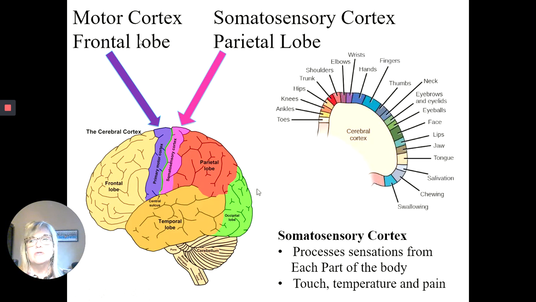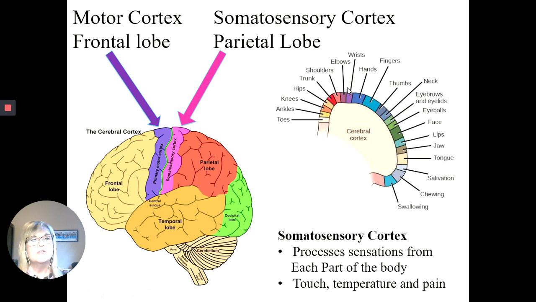So I wanted to show you this image because I think it's really interesting. This is where the motor cortex of the brain is. So it's part of the frontal lobe. And then the somatosensory cortex that processes sensory information is right here on the parietal lobe.